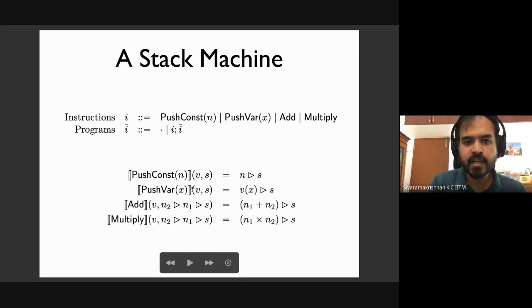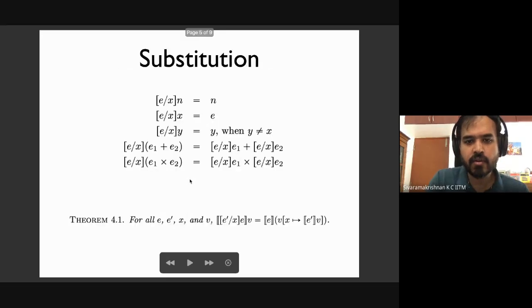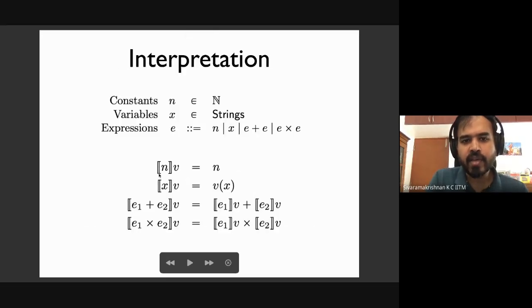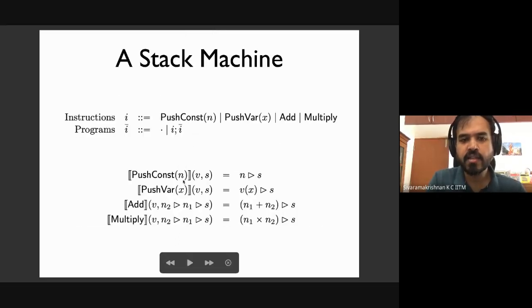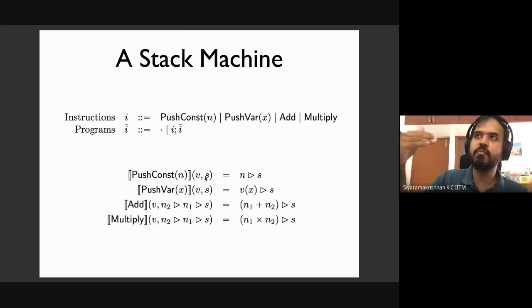When we interpreted the expression directly, we had just a valuation. We interpreted the expression in the context of some valuation v, but when we run this program, we have two things. We have the valuation that gives us the bindings for the variables, and we also have a stack, right? And the stack is the data structure that we keep on the side to help us with the execution.